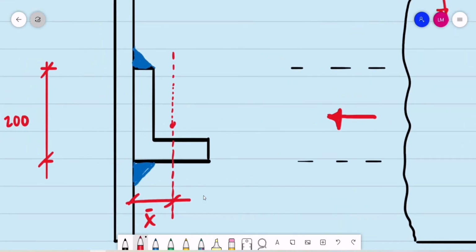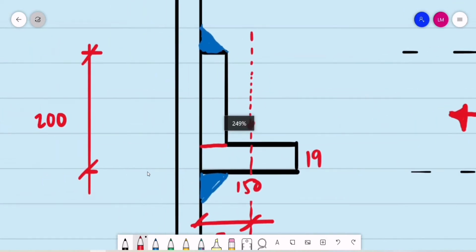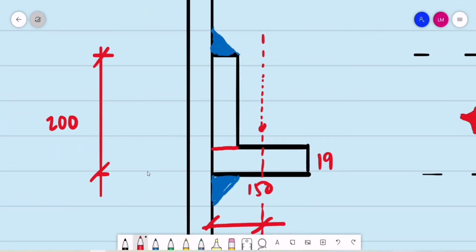So I'll be just dividing again our area, or this angle, into two rectangles. So let's say this is 150 millimeters, the thickness is 19 mm, the length is 150 millimeters. So we may cut this one, 200 millimeters. What is 200 minus 19?